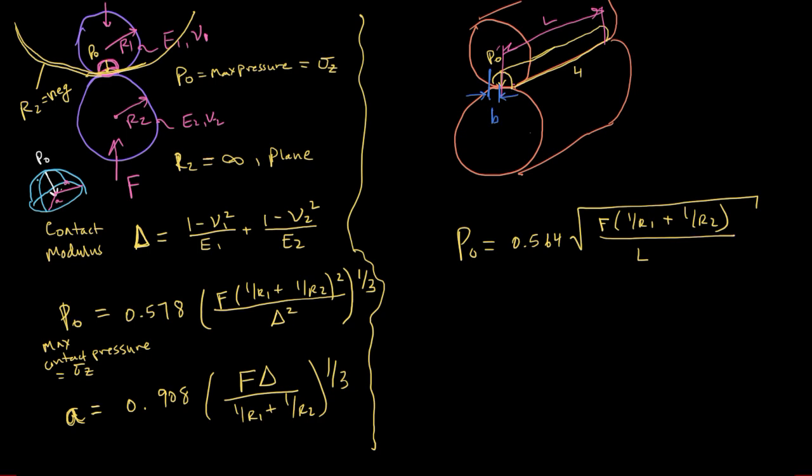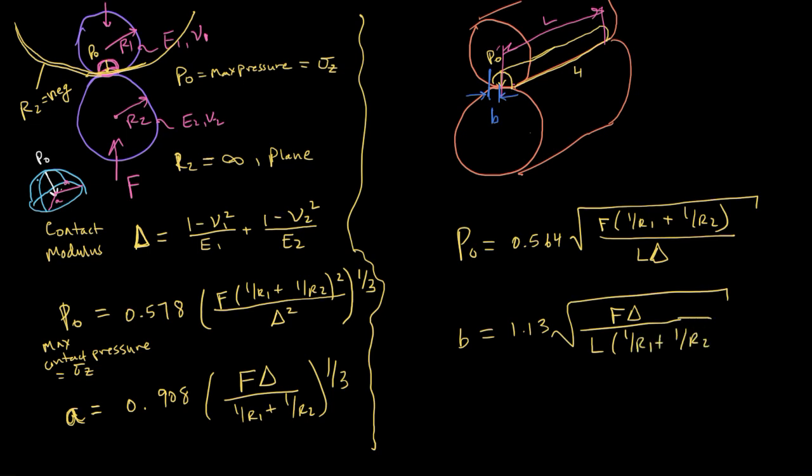Times delta, quantity square root, and we can calculate the contact length B as 1.13 times the square root of F times delta divided by the contact length times 1 over R1 plus 1 over R2.